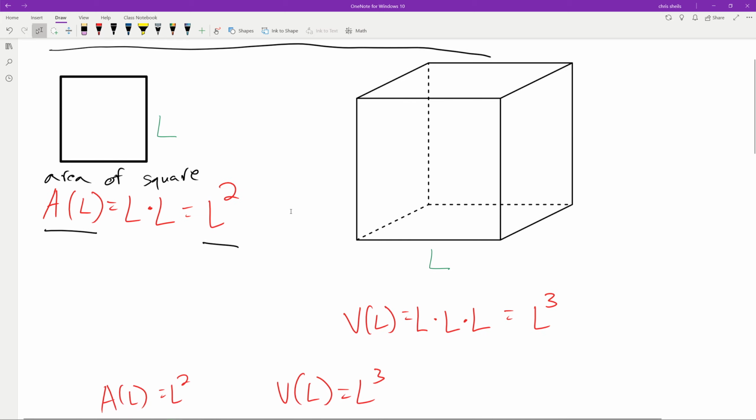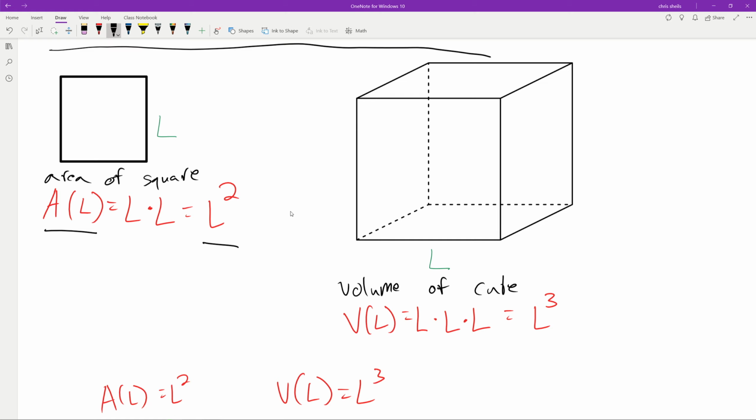Similarly, if I have a cube like I do on the right hand side, and I wanted to find the volume of this cube, then I would write a function V of L that was length times width times height, which are all the same thing in this case, right?